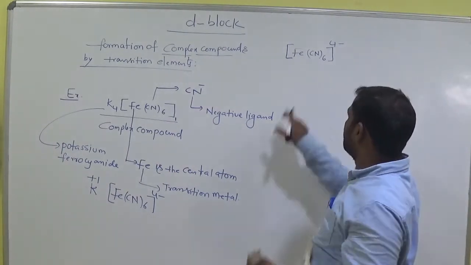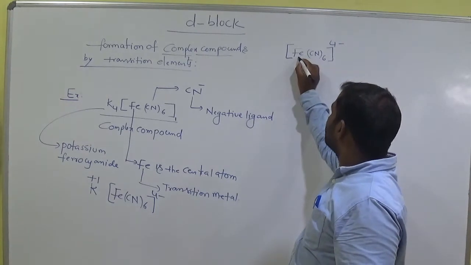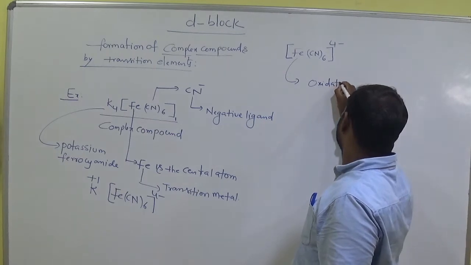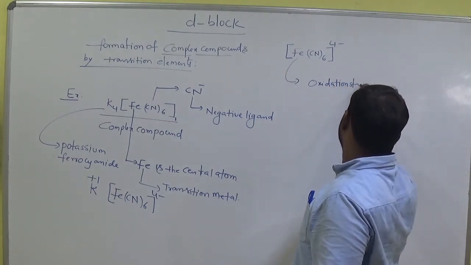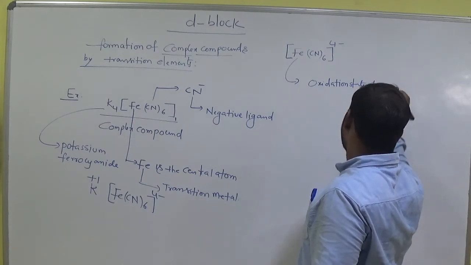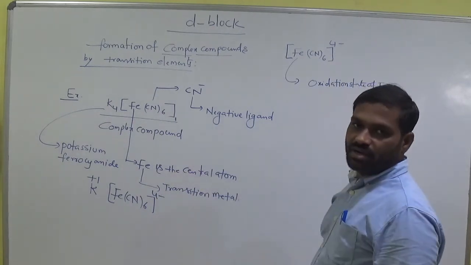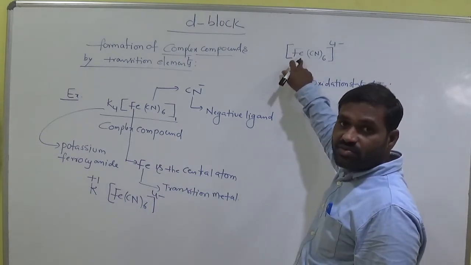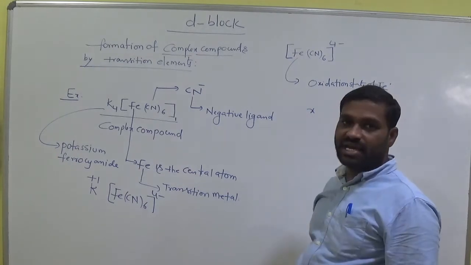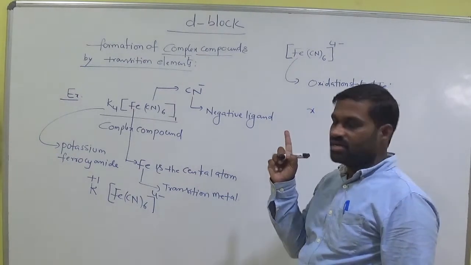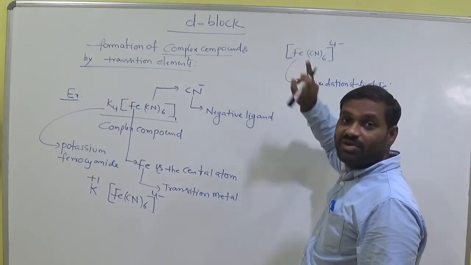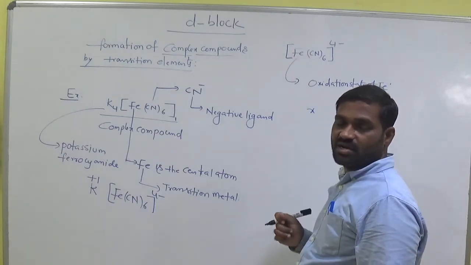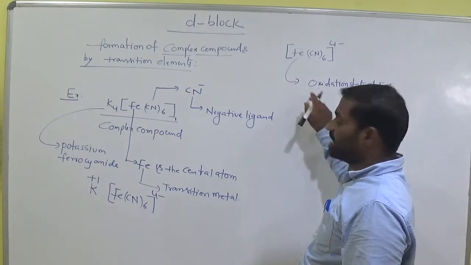So now this is the central atom. Now calculate the oxidation state of this iron in this complex. How many iron atoms do we have here? Only one, so take it as X. Why X? We don't know the oxidation state in this complex, so we take it as X and have to calculate.